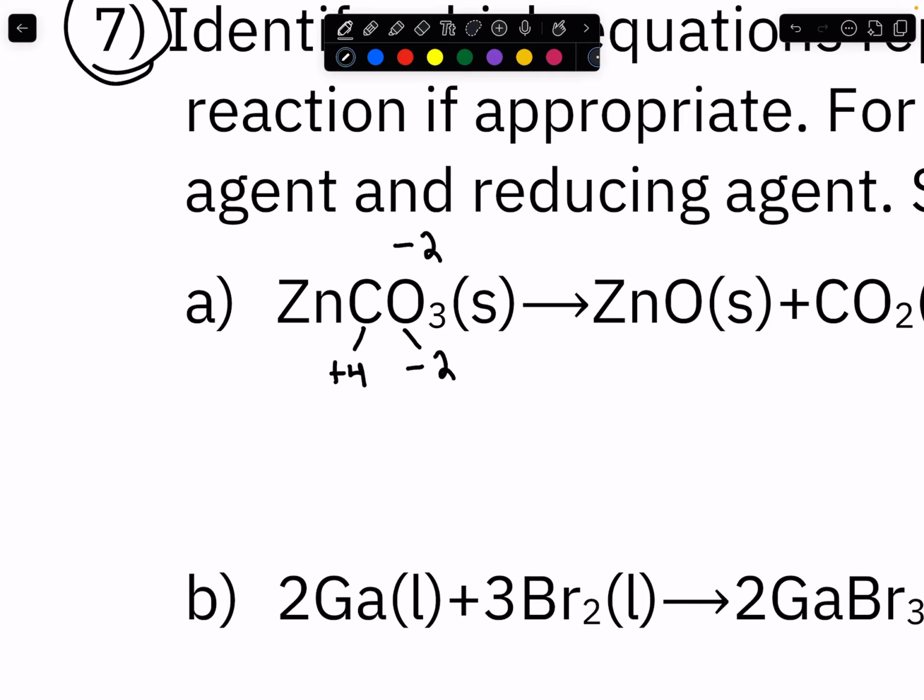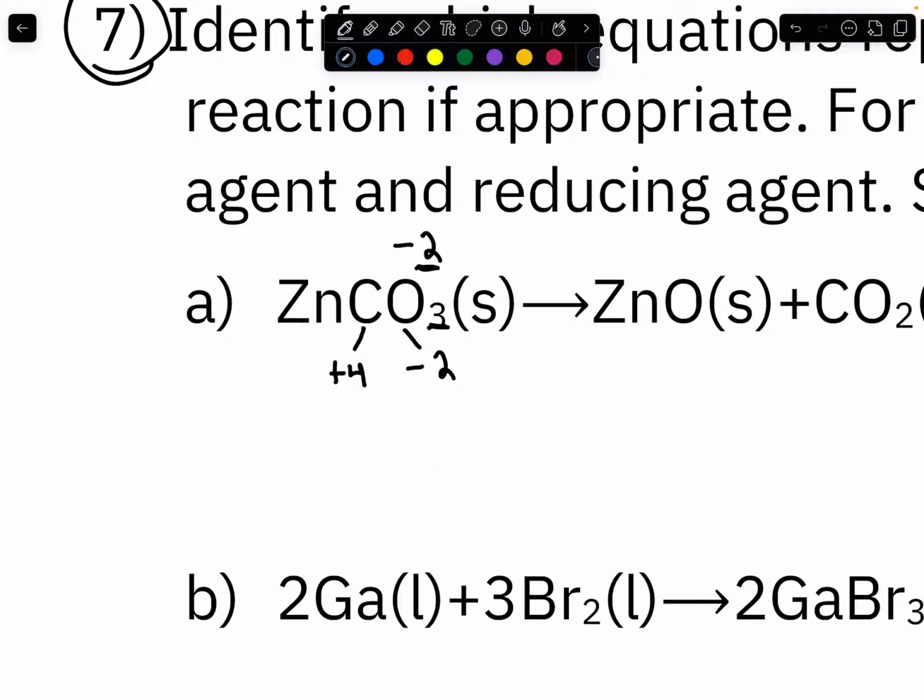Now, how this equals -2 charge overall is because there's 3 oxygens, which makes that 8. Wait, no, that makes it 6. Oh my gosh, my brain. 6 plus 4 equals -2. That's why we have that -2 charge overall.